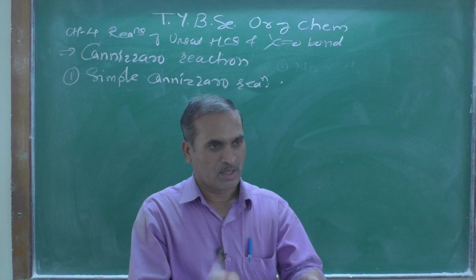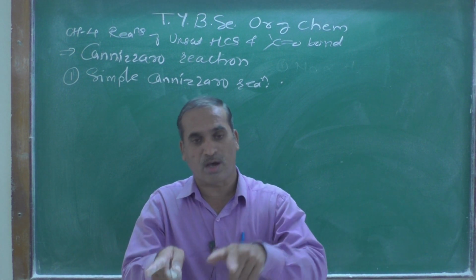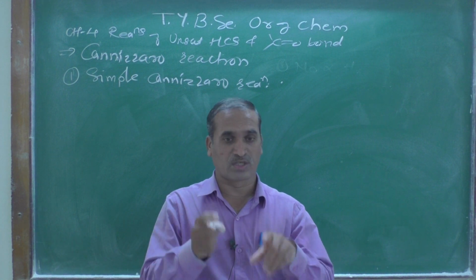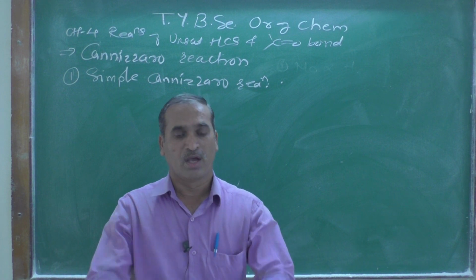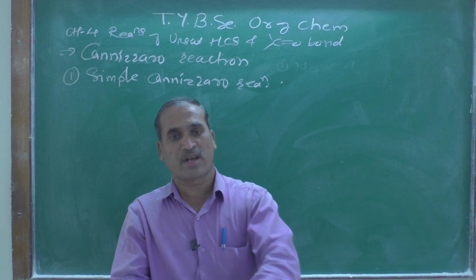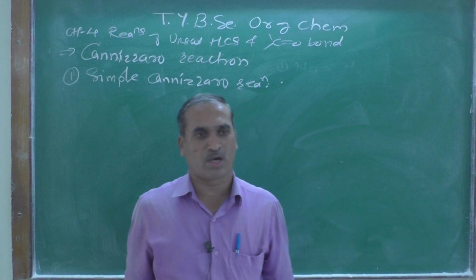There is no difference between these two. But when we talk about the crossed Cannizzaro's, remember crossed means 2 different molecules show oxidation and reduction. That type of reaction is called a crossed Cannizzaro's reaction.